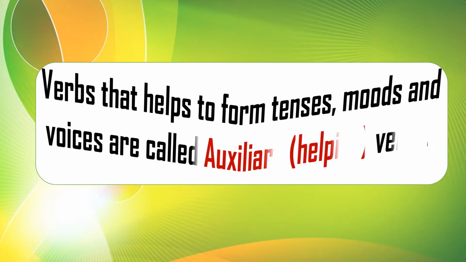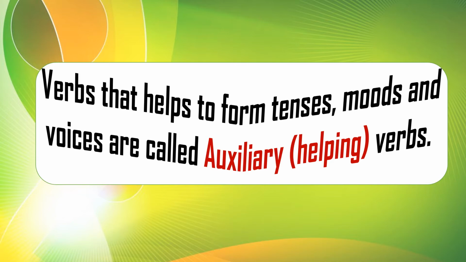So there is a definition of the auxiliary verbs. Verbs that help to form tenses, moods and voices are called auxiliary or helping verbs. You know we write sentences in different tenses.